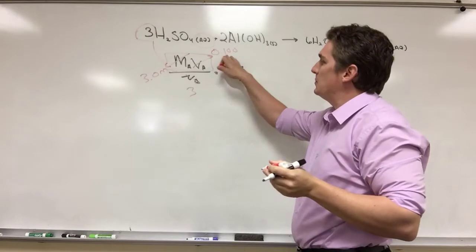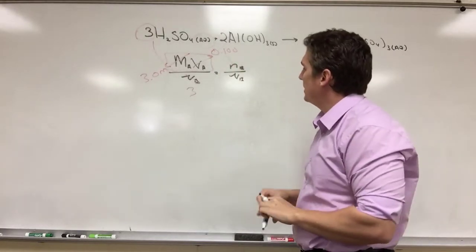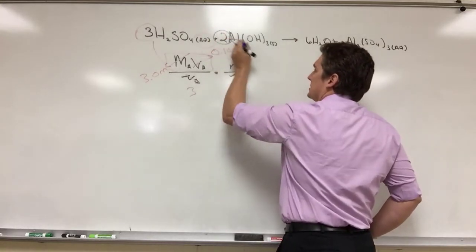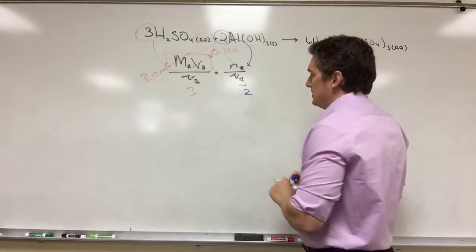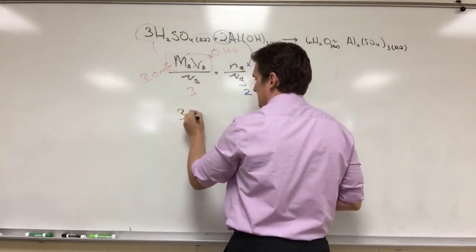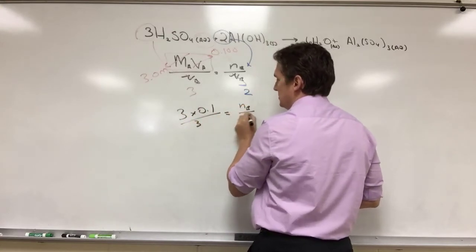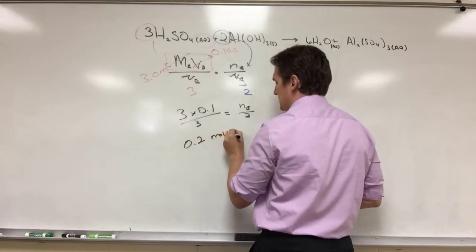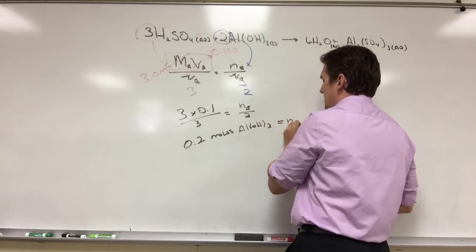So we get 3 times 0.1 over 3 equals our moles of base divided by the reaction coefficient of the base. The reaction coefficient of the base is going to come from the reaction, so it'll give us a 2. So we get 3 times 0.1 all over 3 equals our moles of base over 2. So this tells us we have 0.2 moles of AlOH3.